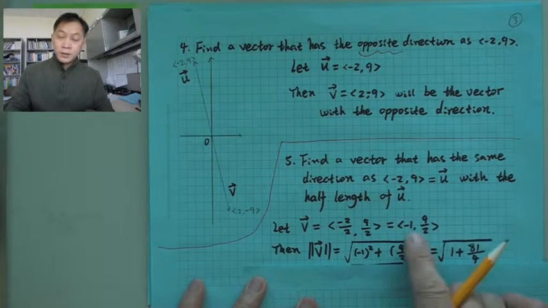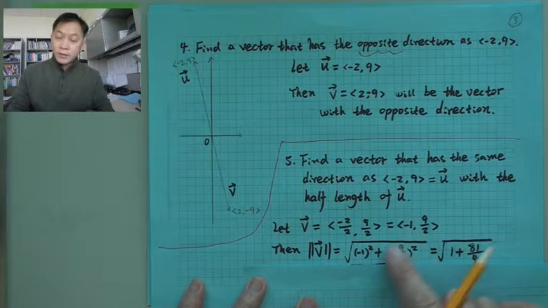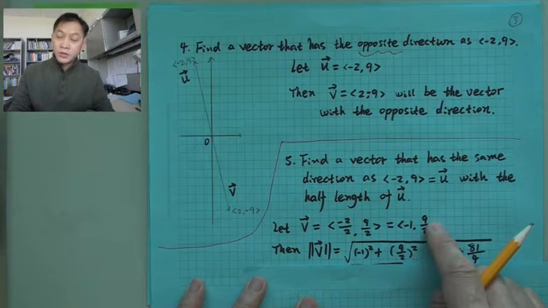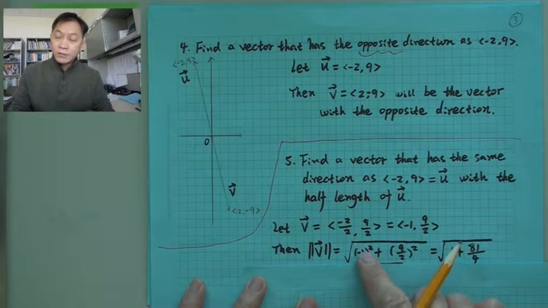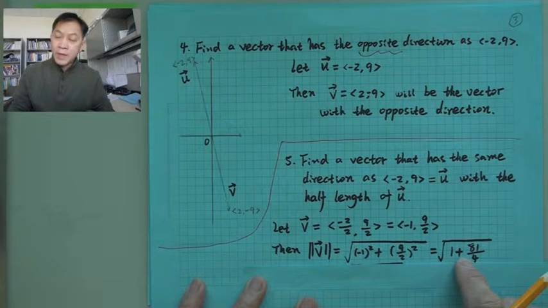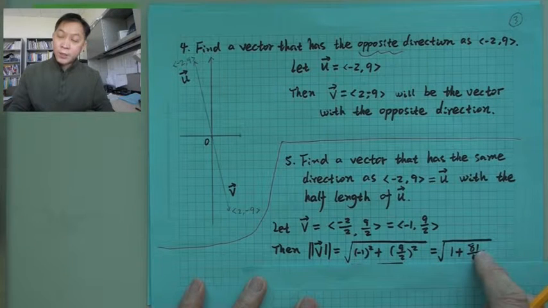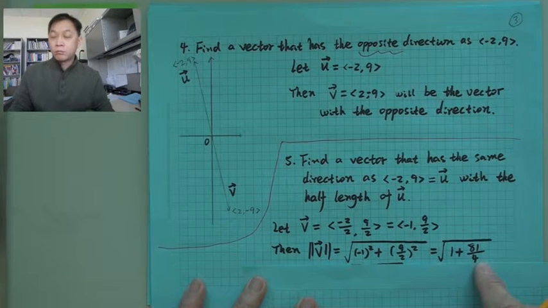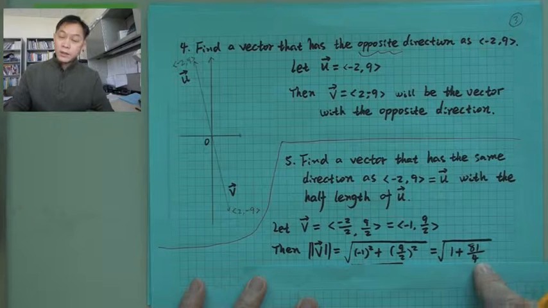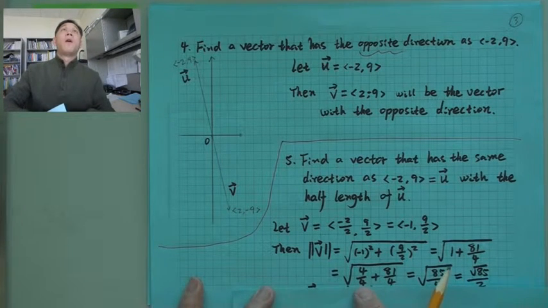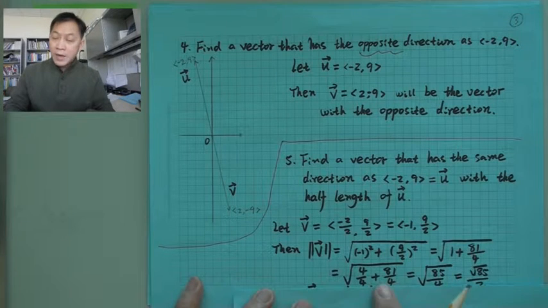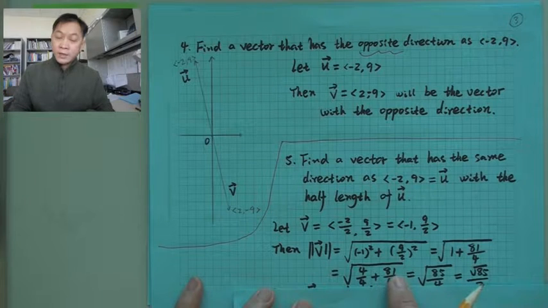The length of this one is the square root of negative 1 squared plus 9 over 2 squared. Negative 1 squared is 1, plus 9 squared is 81, and 2 squared is 4. We know 1 is 4 divided by 4, plus 81 over 4, and 4 plus 81 is 85.